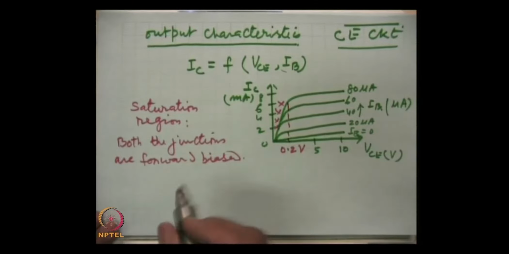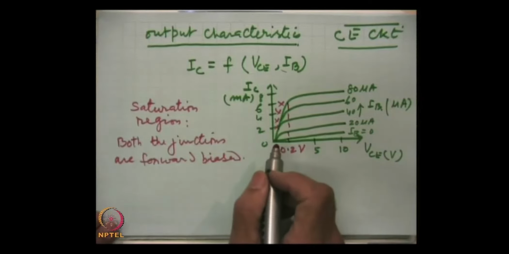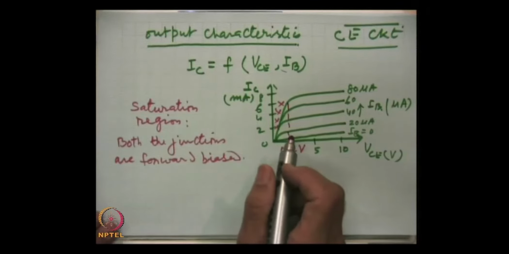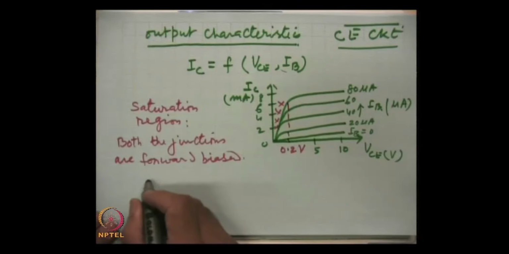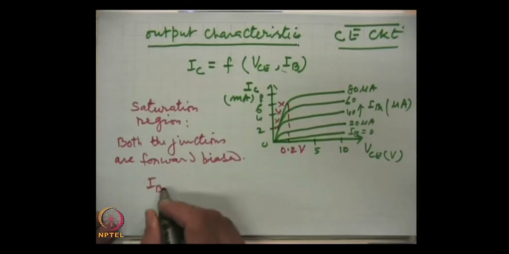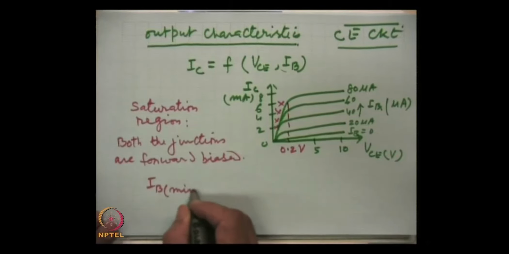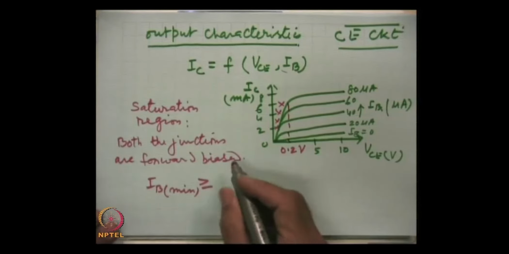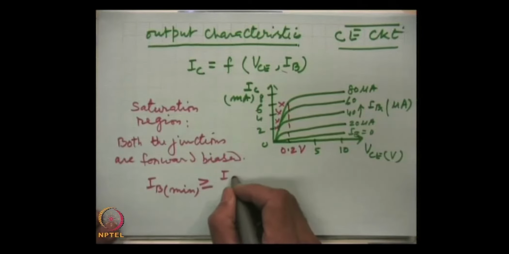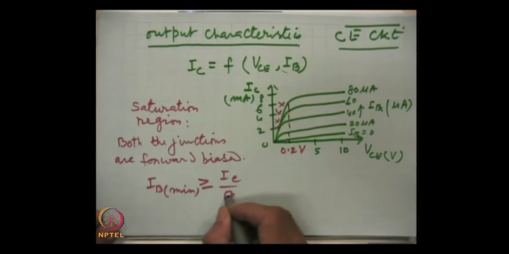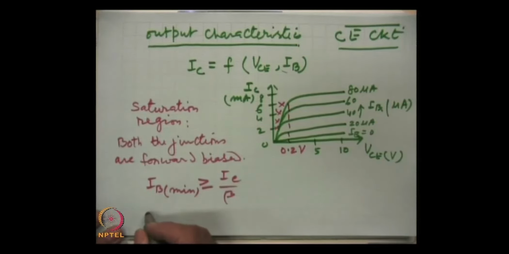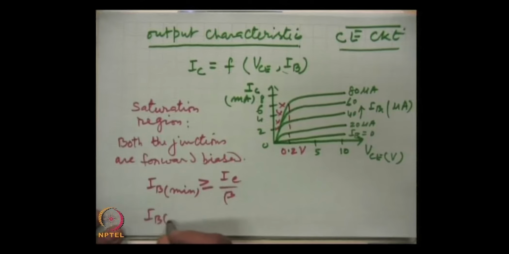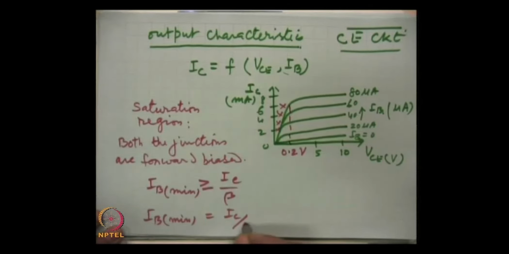And to check whether the transistor is in saturation or not, there is a condition that base current minimum has to be equal to or greater than IC by beta. So, in general we can write IB minimum has to be equal to IC by beta.